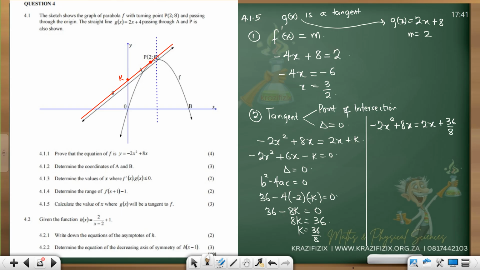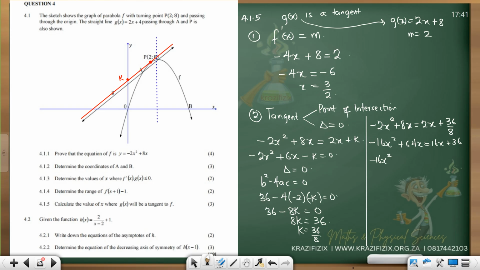Let's solve now. We must get 3 over 2 somewhere. Let's solve this, because I now know my k. Can we get rid of that 8? Negative 16x squared plus 64x, 16x plus 36. Negative 16x squared.